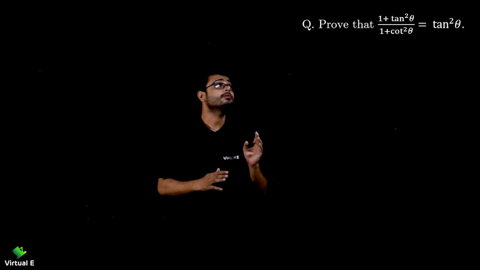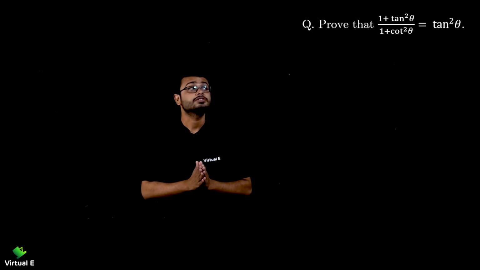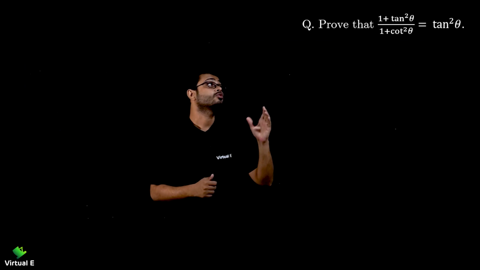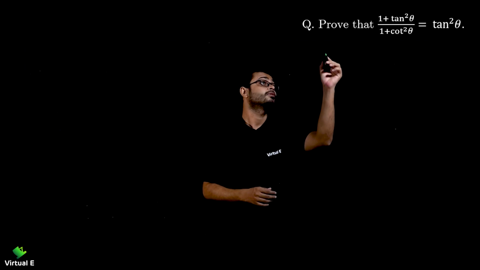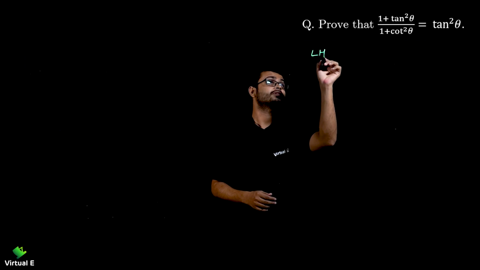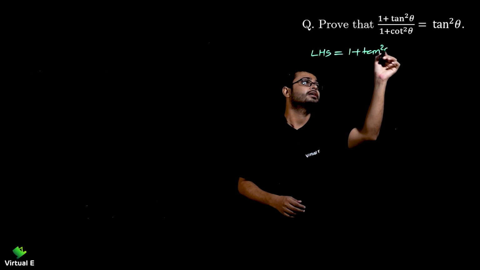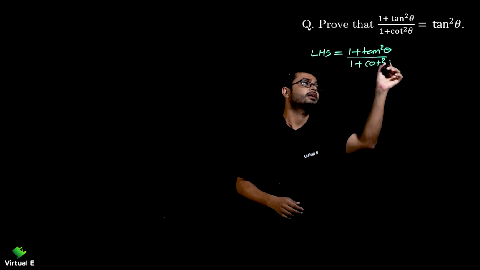Prove that 1 plus tan square theta over 1 plus cot square theta is equal to tan square theta. So here also, same as the previous question we discussed, we need to prove LHS and RHS equal. Let's start. LHS is equal to 1 plus tan square theta over 1 plus cot square theta.